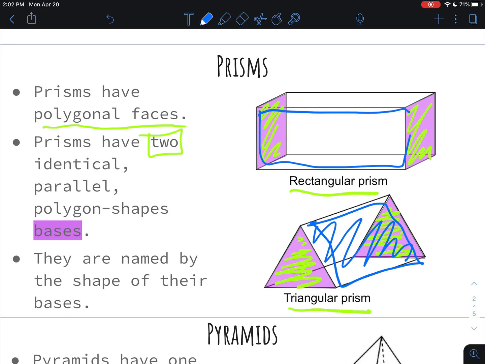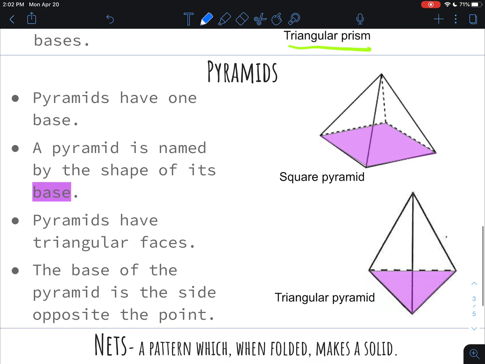And then the other category of polyhedrons that we are going to work with are pyramids. So the main difference between prisms and pyramids is the fact that pyramids only have one base. A pyramid is named after the shape of its base.